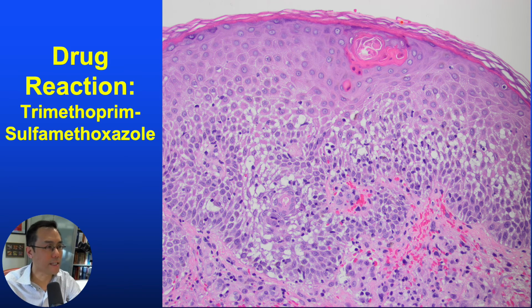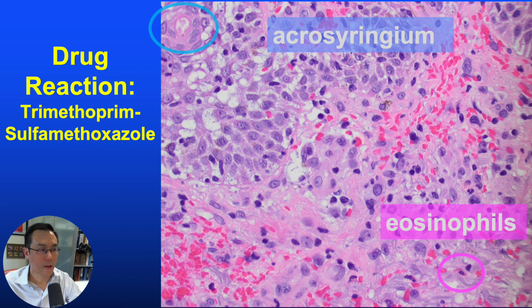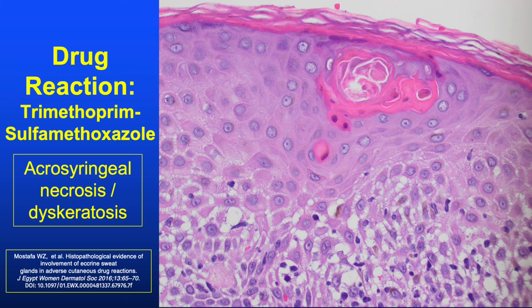And look, it's actually centered around an acrosyringium, the intraepidermal portion of an eccrine sweat duct. And here in a single slightly higher magnification view, we can see an apparent lonely eosinophil amidst a sea of red blood cells, perhaps attracted to that epicenter of inflammation around the sweat duct, with the overlying confluent dyskeratosis centered upon the acrosyringium.